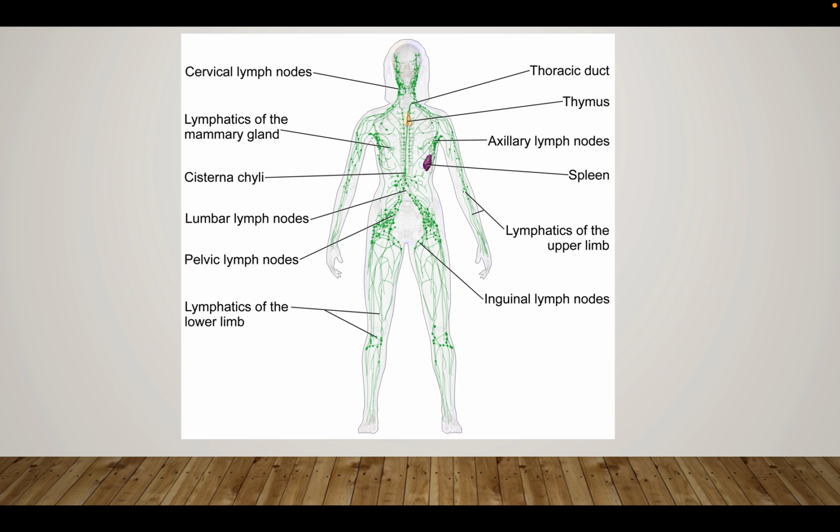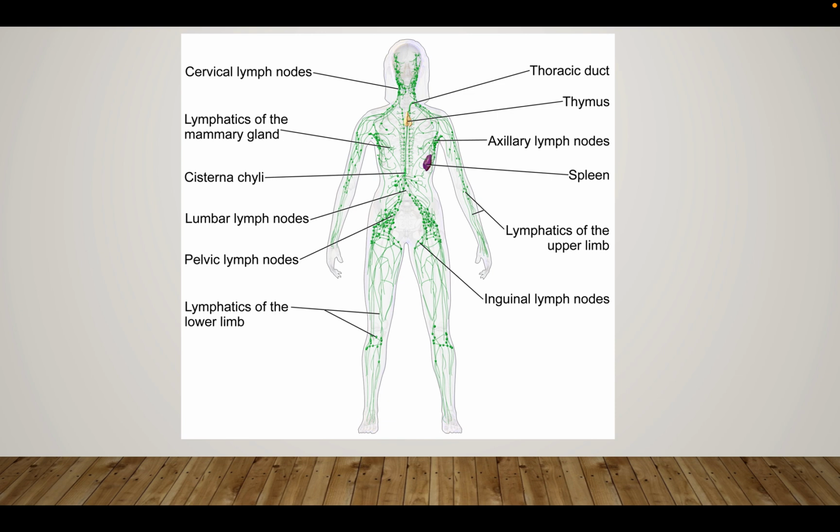So primarily you see lymph nodes. Throughout the body, there are lymph nodes really all throughout the body: head, thorax, abdomen, as well as the upper and lower limbs. But they seem to be somewhat clustered and aggregated in specific regions. So when you look at this, in what regions do you see lymph nodes primarily located?